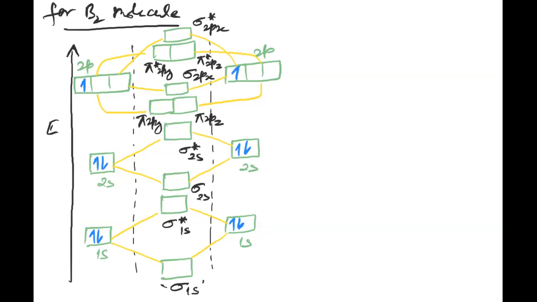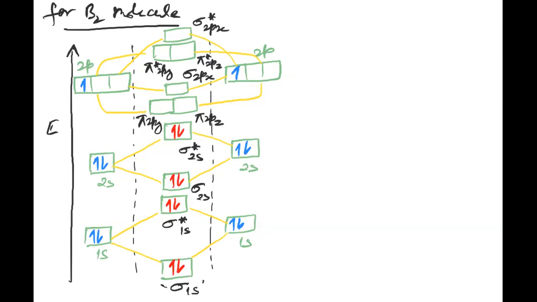So due to linear combination of 1s and 1s orbitals, there are 4 electrons overall: these 2 electrons here and these 2 electrons here.